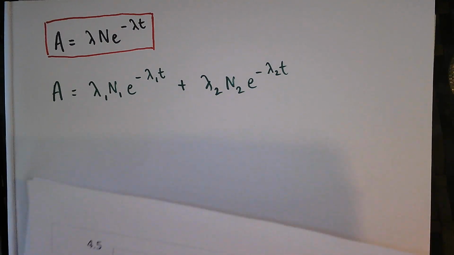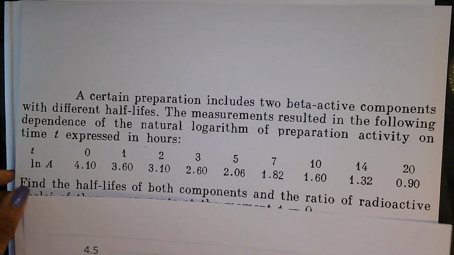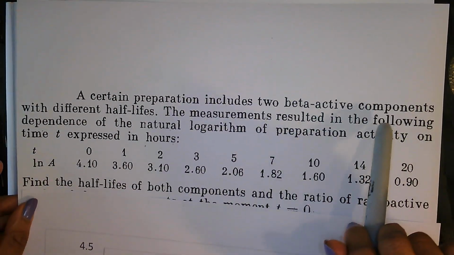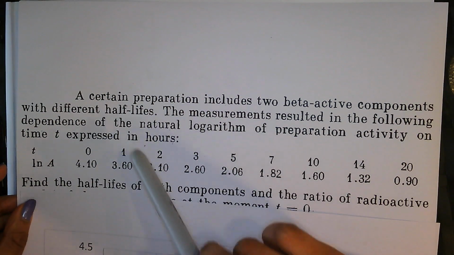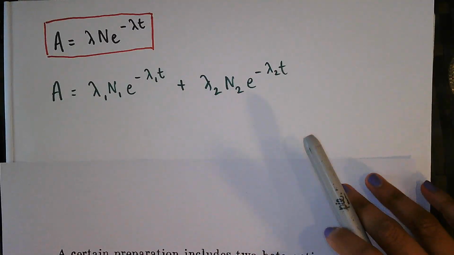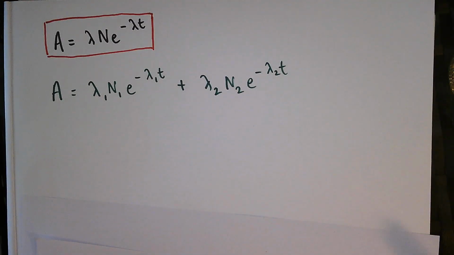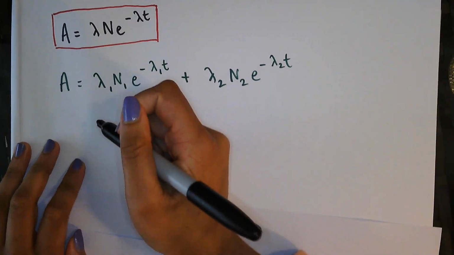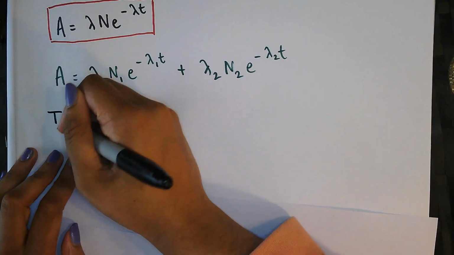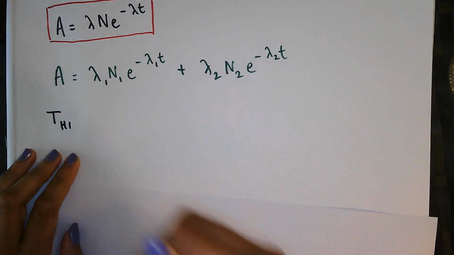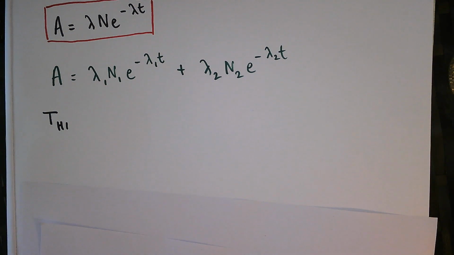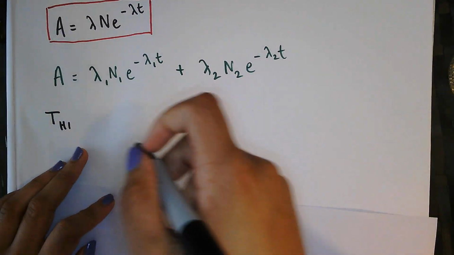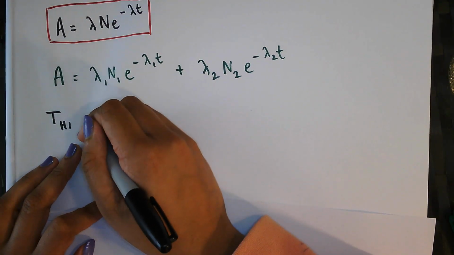Okay, so the first thing we can assume: the question told us that these two beta-active components have different half-lives. So I am going to assume that the half-life of component 1, TH1, is smaller than the half-life of the second component, TH2.